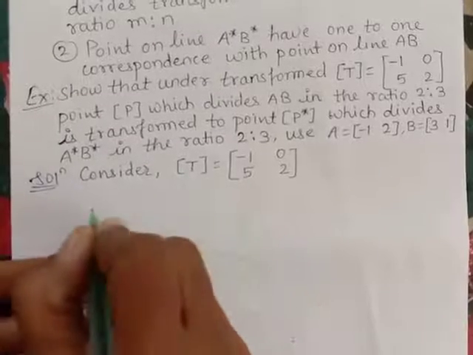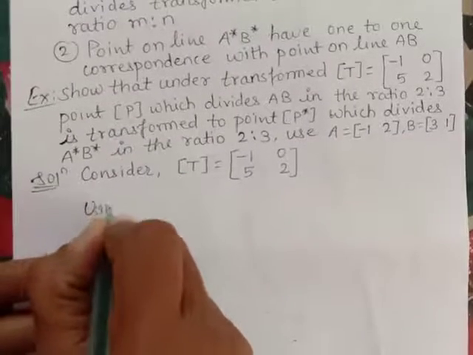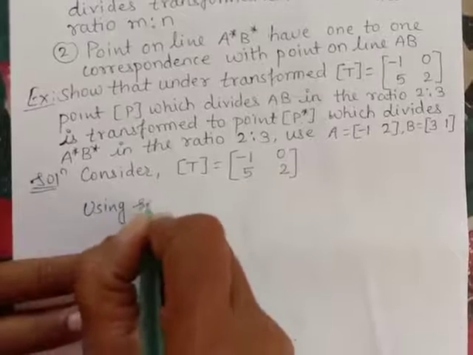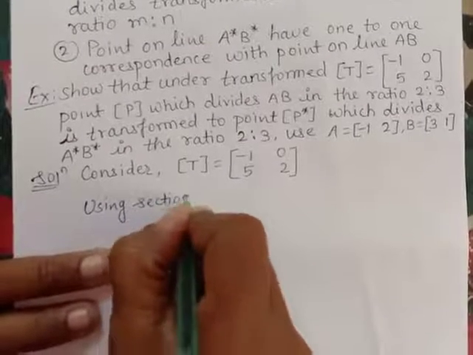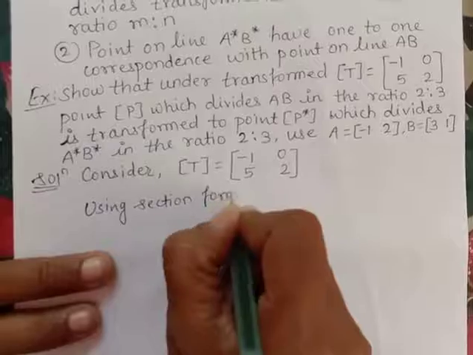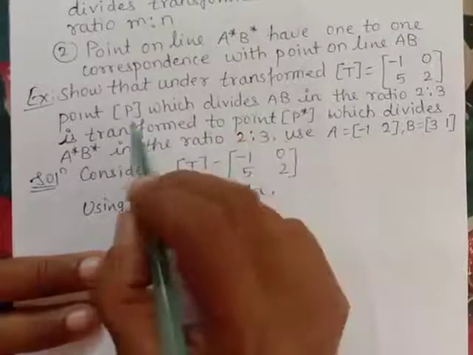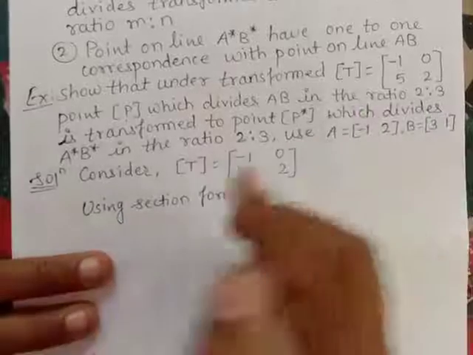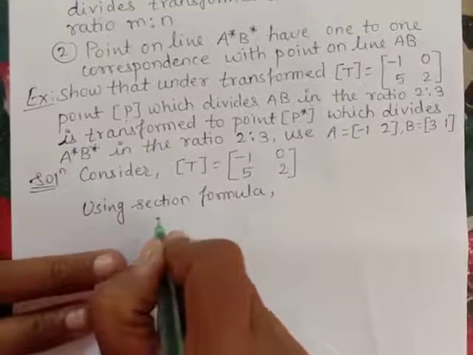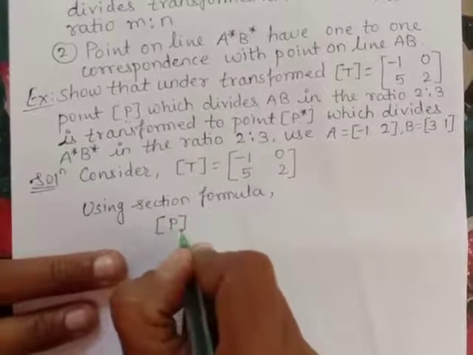Now using the section formula, let me find a point P first which divides AB in the ratio 2:3. So it is internal division.